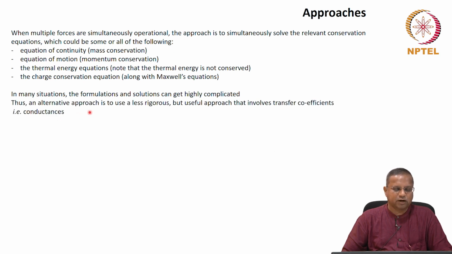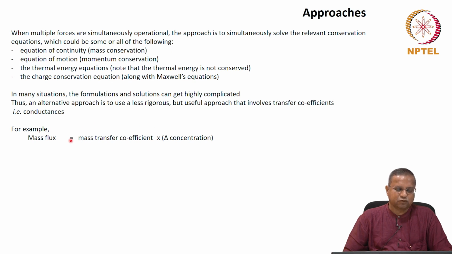Thus, an alternative approach is to use a less rigorous but useful approach that involves something called transfer coefficients. Transfer coefficients are nothing but equivalents of conductances, whether mass conductance, momentum conductance, and so on. For example, mass flux is represented as a product of a certain mass transfer coefficient times the change in concentration.